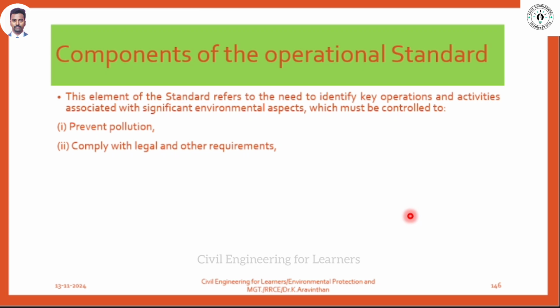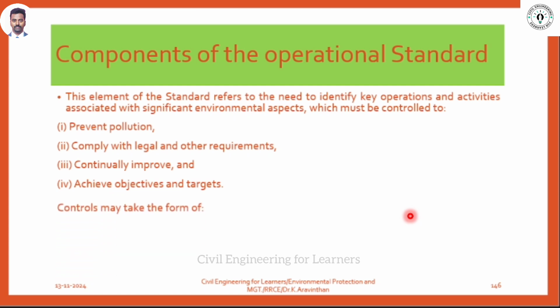It will comply with legal requirements. If better control is available, you will have fewer pollution control activities. Emissions will get reduced and legal complications will get reduced. Continual improvement. If you follow operational standards, continual improvement will be there and you can easily achieve the target.